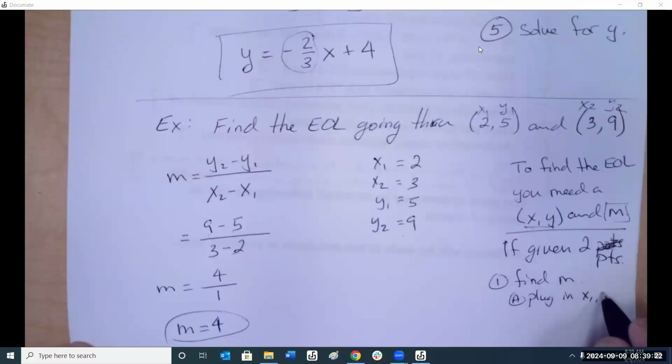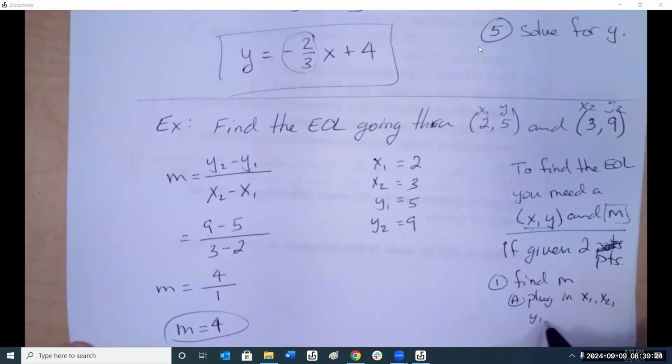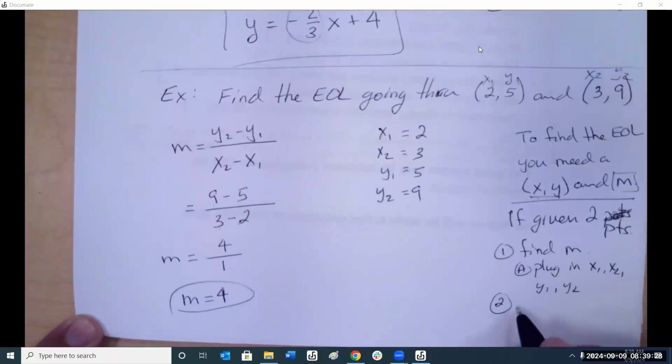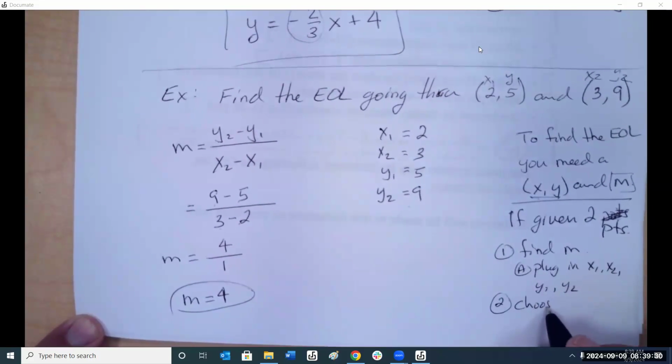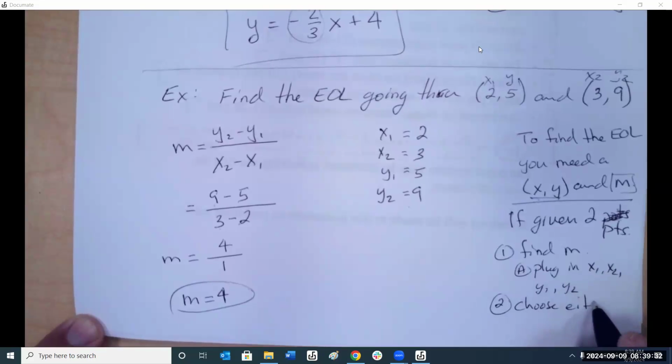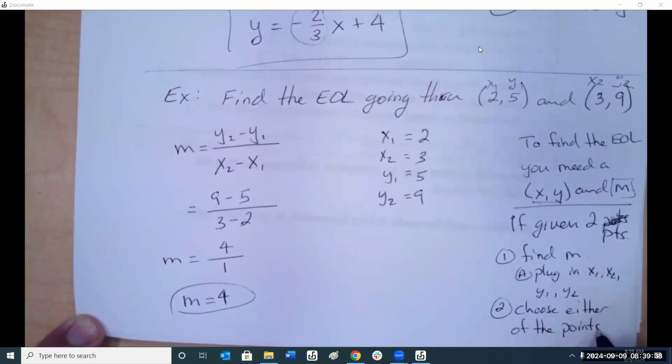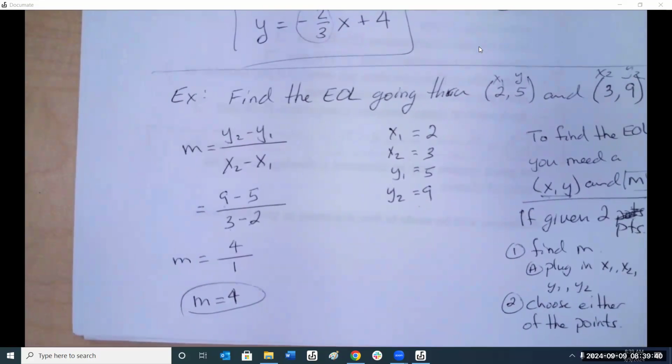Plug in x1, x2, y1, y2. Then choose either of the points. This is really the only free choice you have in this process.